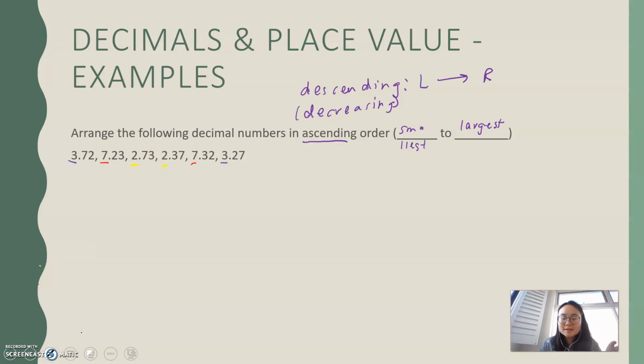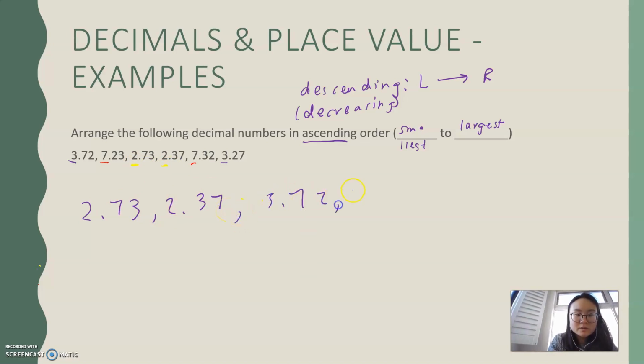So the bigger it is, the larger the number is. 7 is going to be larger than 2, for example, and 3 is going to be larger than 2 as well. So I can start off by putting the decimals that start with a 2 towards the left-hand side, because they're my smallest ones, followed by the 3s, and then the 7s.